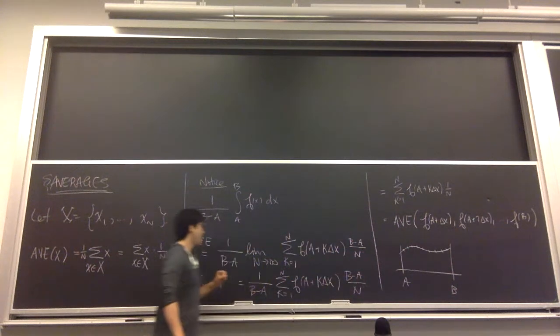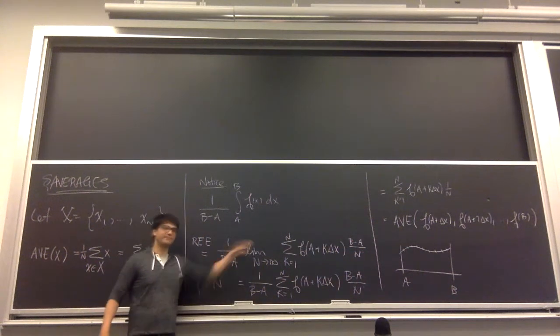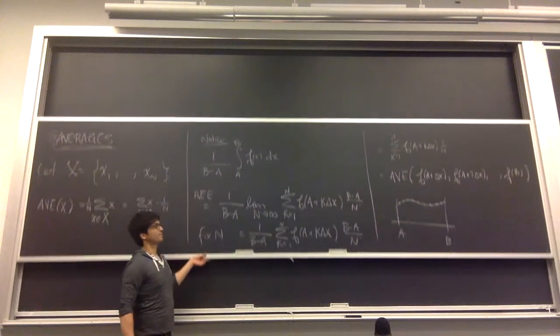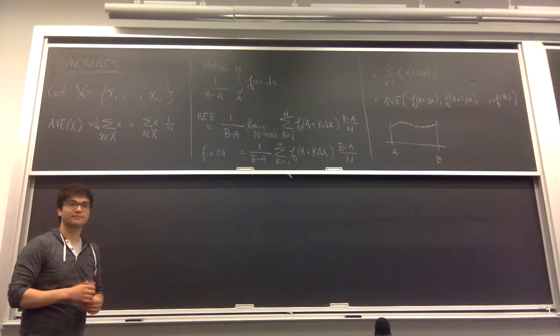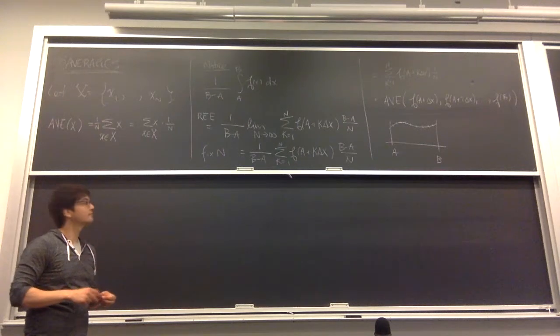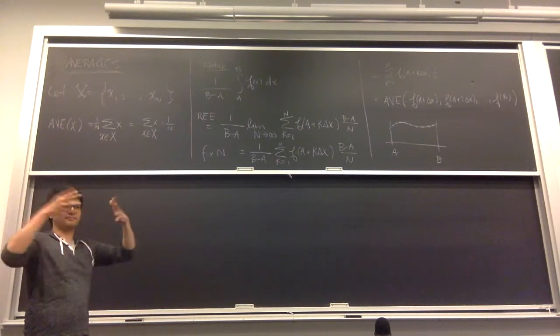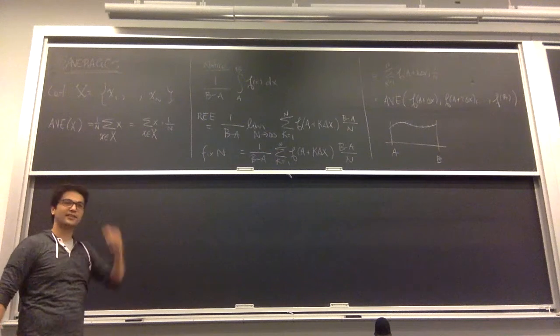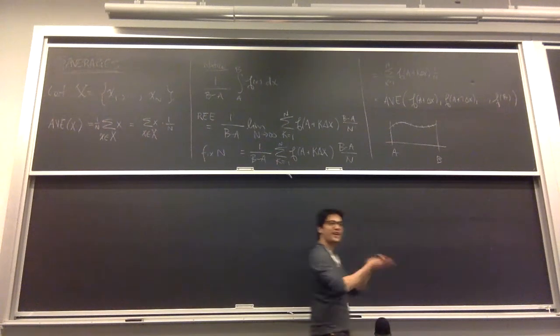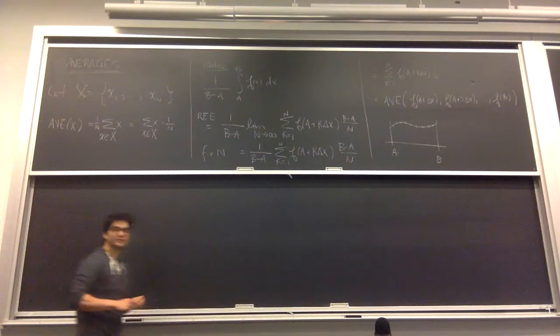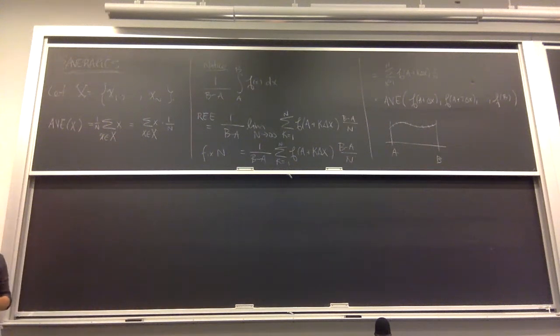Now, what happens if I put the limit back in? So I'm telling you, with n many samples, you're going to get the average height of n many of these points. If I push that n to infinity, what are we getting the average of? The entire curve.